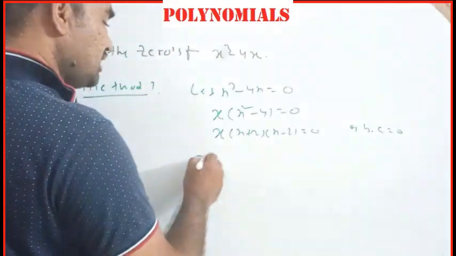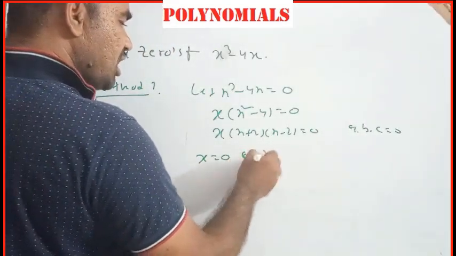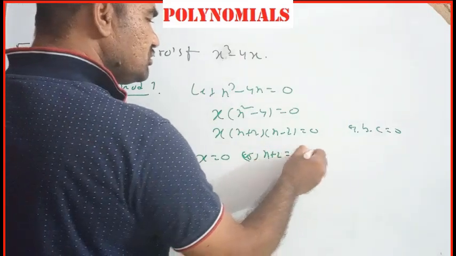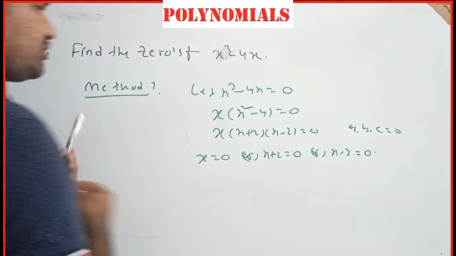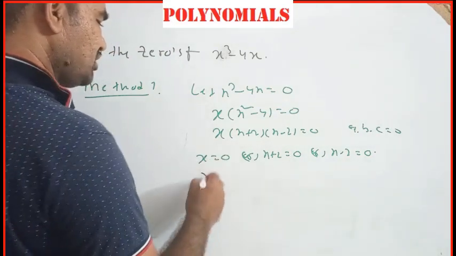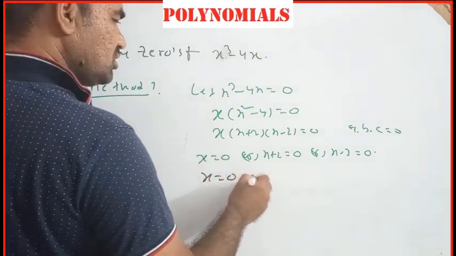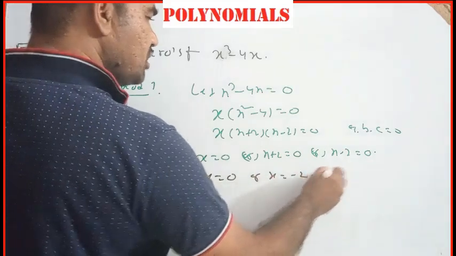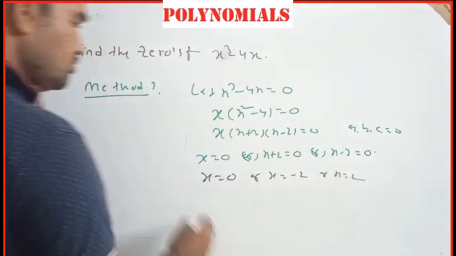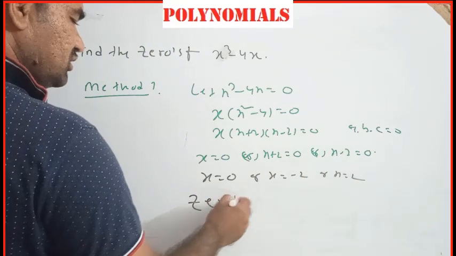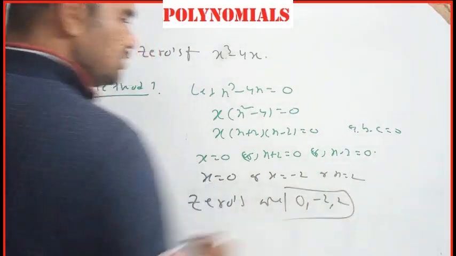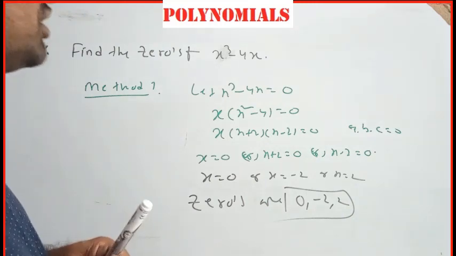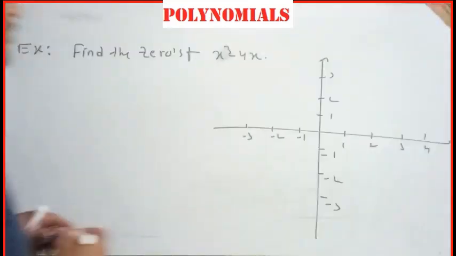So I can say that x equal to 0 or x plus 2 equal to 0 or x minus 2 equal to 0. What is the meaning of this? x equal to 0 or x equal to minus 2 or x equal to 2. So zeros are 0, minus 2, 2. Algebraically, we got 3 zeros for that polynomial.